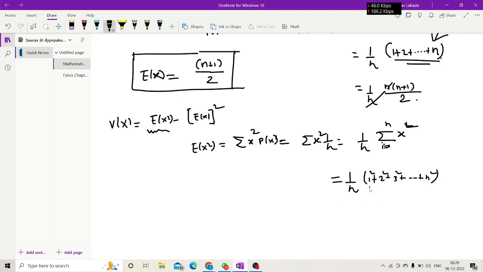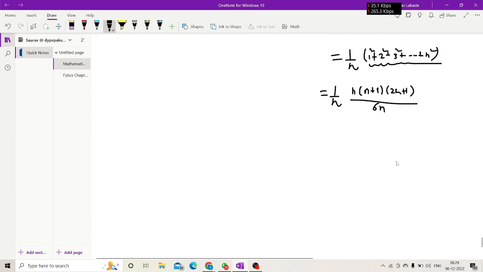I also have the formula for this: 1 upon n, and the sum of squares equals n into n plus 1 into twice n plus 1, divided by 6. This is the sum of squares of all the n terms.